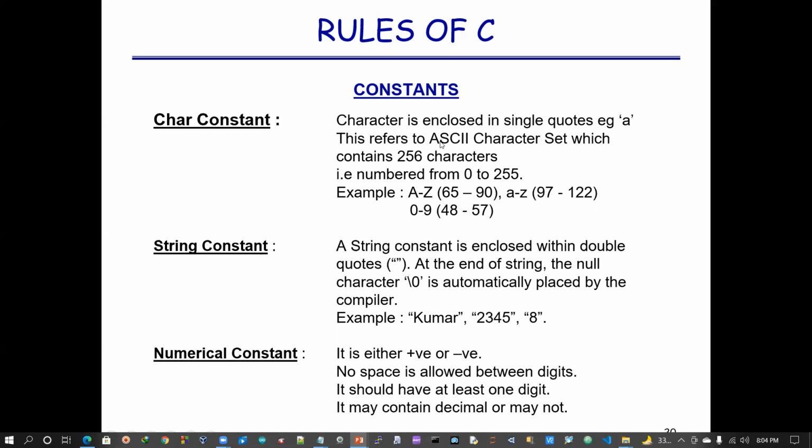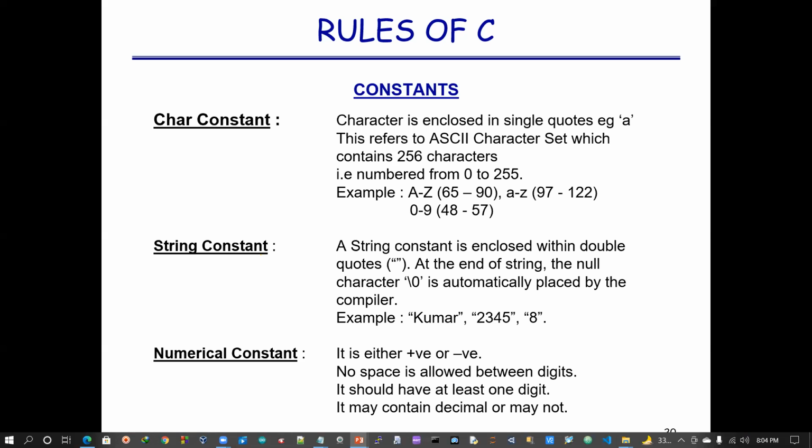This refers to the ASCII character set, which contains 256 characters. Whenever you put any single key from the keyboard within single quotes, it is related to an ASCII number. For each and every key, we have an associated ASCII number.